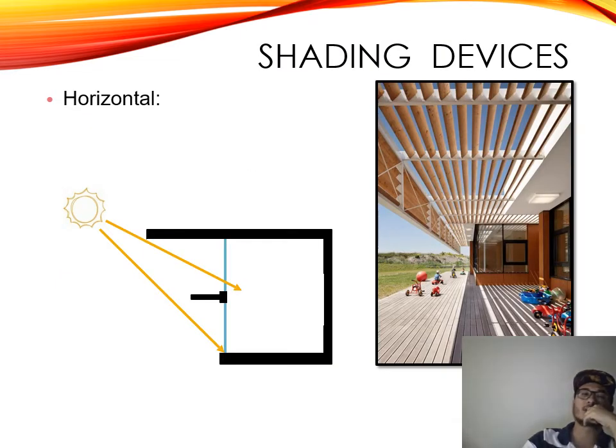This is one example of a horizontal shading device. It is important to design some space in a certain area of the building to have a horizontal shading device. It's because, number one, the space that you are using here is for human activities.